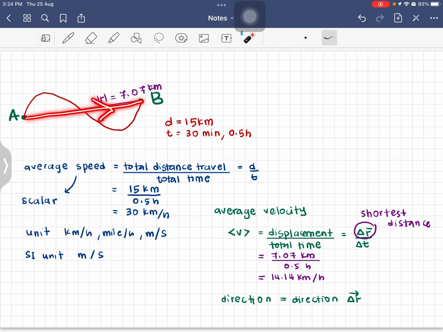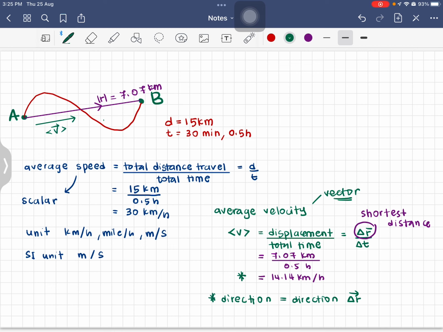So this is your delta R, and by definition of average velocity, this is also your direction for average velocity. Okay, and then next, your average velocity should be a vector. That's why it has magnitude and also it has direction.